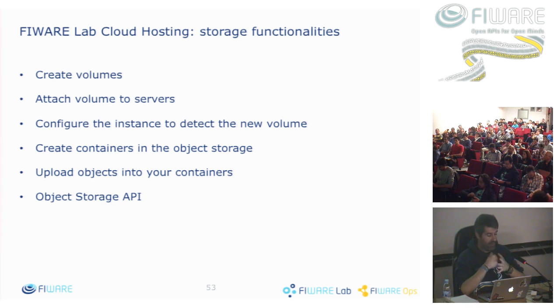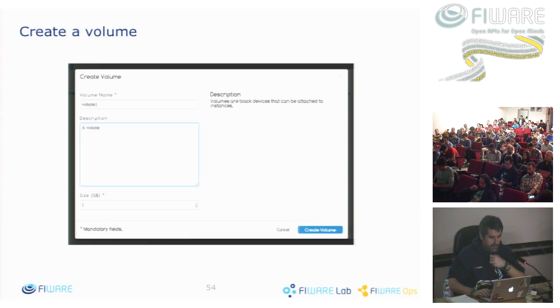Don't forget that you have to configure the virtual machine in order to mount the volume. This is something that I explain in detail. Then I explain how you can create containers, where a container is the folder of the object storage, and how you can upload and download objects into the containers. And finally, I give you some details about the object storage API and reference, in which you can get more details about that. Okay, the easy one, the volume.